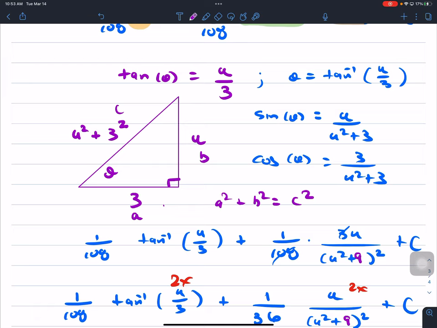We're not solving for C. So that's going to be, by Pythagorean theorem, A squared, which is 3 squared. So we take the 3, we take the u, we square them, and we add them. Is that true? What do you guys get? What's this length?